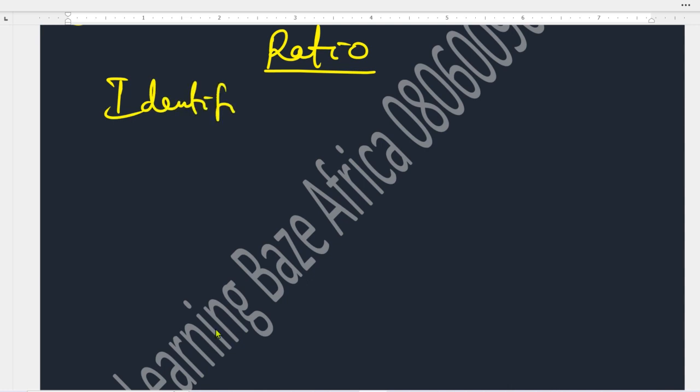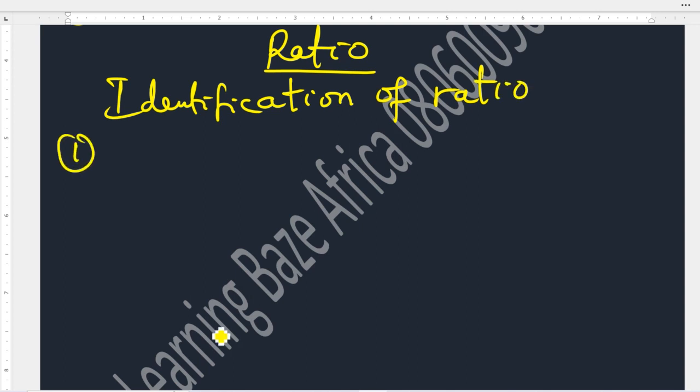So, identification of ratio. Pay attention. Now, these are examples of ratio. When you see something like this, this is a ratio. When you see 3 and you see a colon, when you have dots up and dots down, we call it a colon.